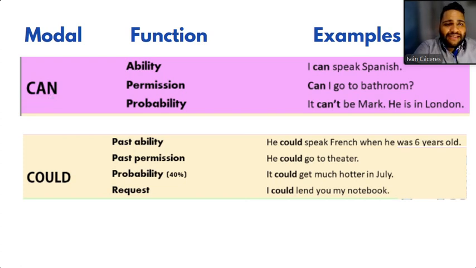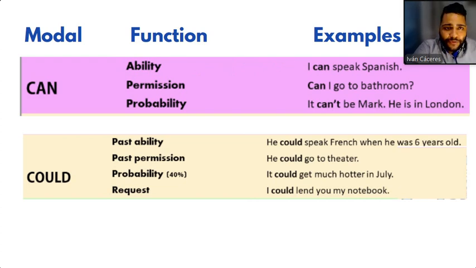Can be translated as poder when we talk about a skill or an ability that you have. So it says here that you can use it to talk about ability, permission, or probability. Of course, ability is just something that you can do, like in the example, I can speak English. Okay, this is something that you can do.